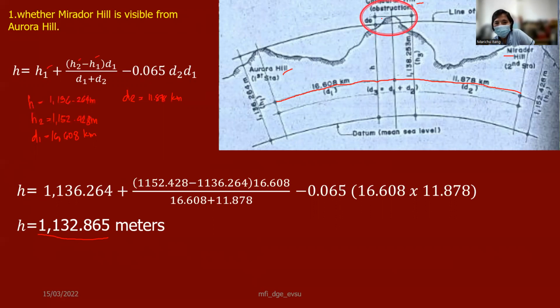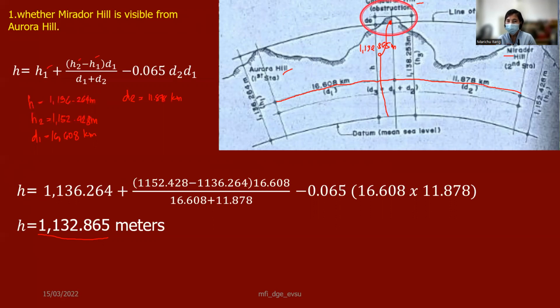This is the line of sight of the obstruction. So from this point here, kung saan nakatouch yung ating obstruction, hanggang doon sa main sea level, this is equivalent to 1,132.865 meters. Right? So how can we quantify kung nagpo-obstruct siya or hindi?